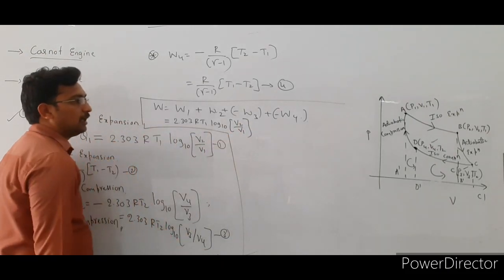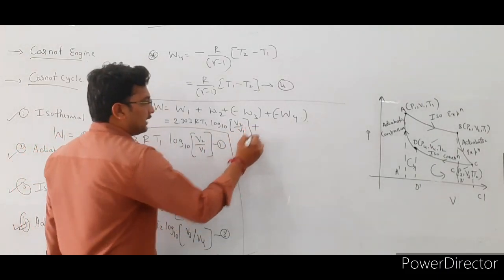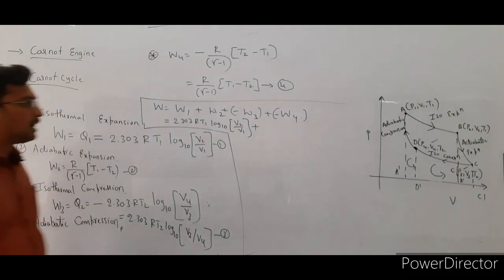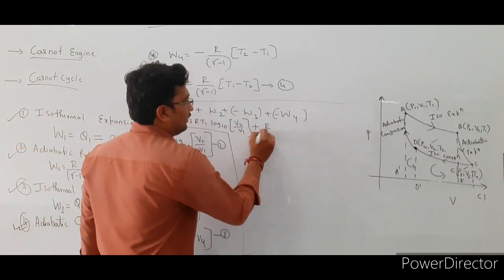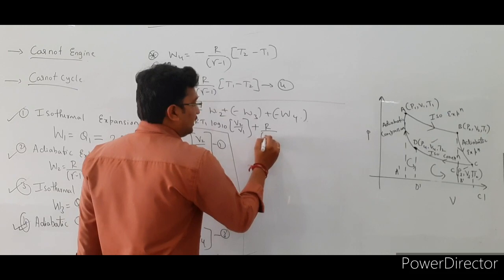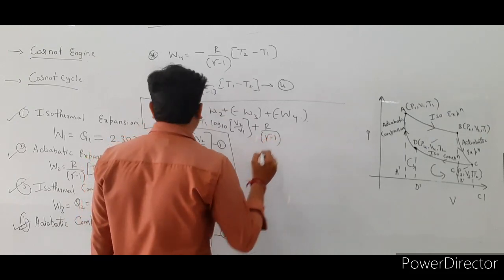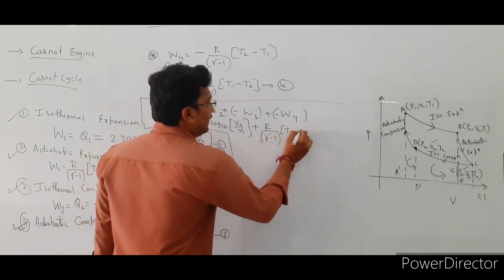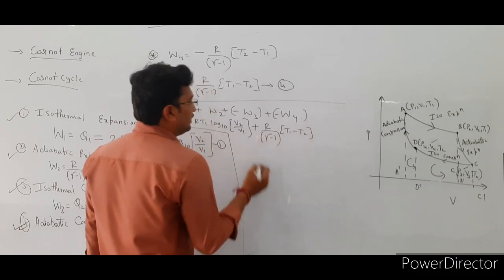So this is the W1 value, plus what is the W2 value here? That is R divided by gamma minus 1, T1 minus T2.